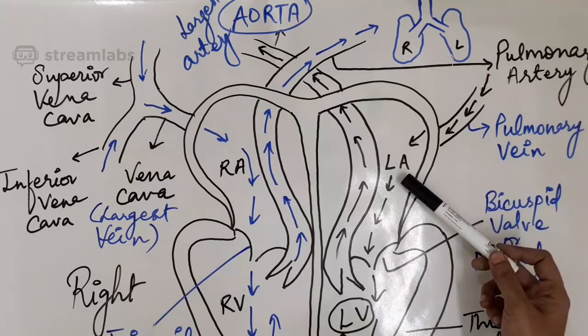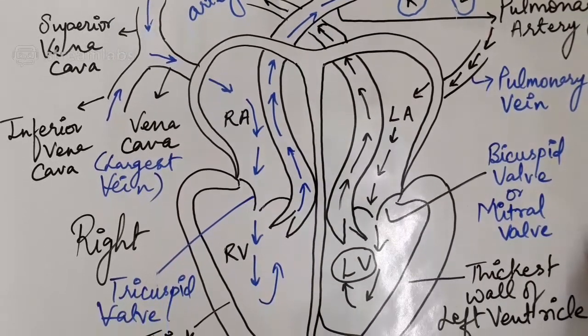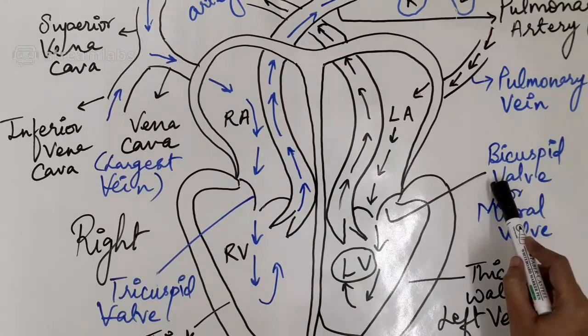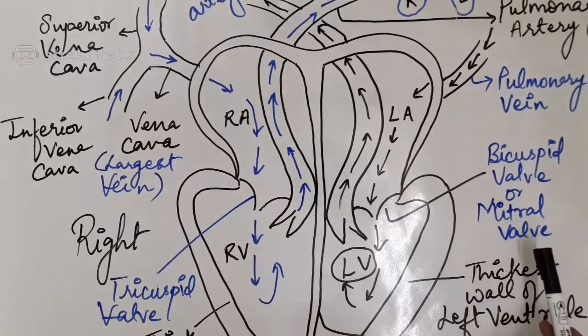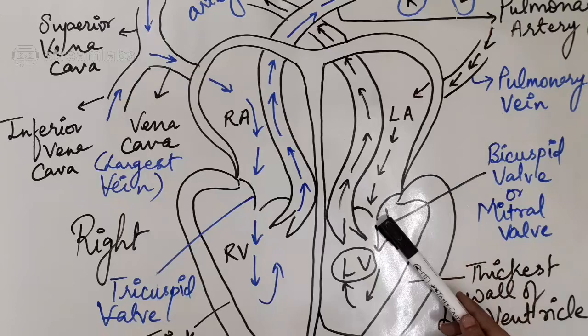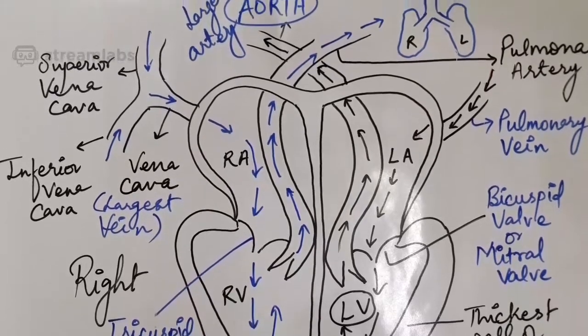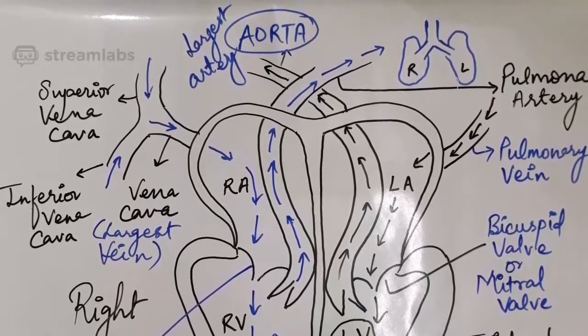The left auricle is now containing the pure blood which enters the left ventricle through the valve known as bicuspid valve or mitral valve. From the left auricle, the blood is pushed through the bicuspid valve into the left ventricle, where the thickest wall of the heart is present, so as to push the blood with great pressure to different organs of the body through the largest artery known as aorta.